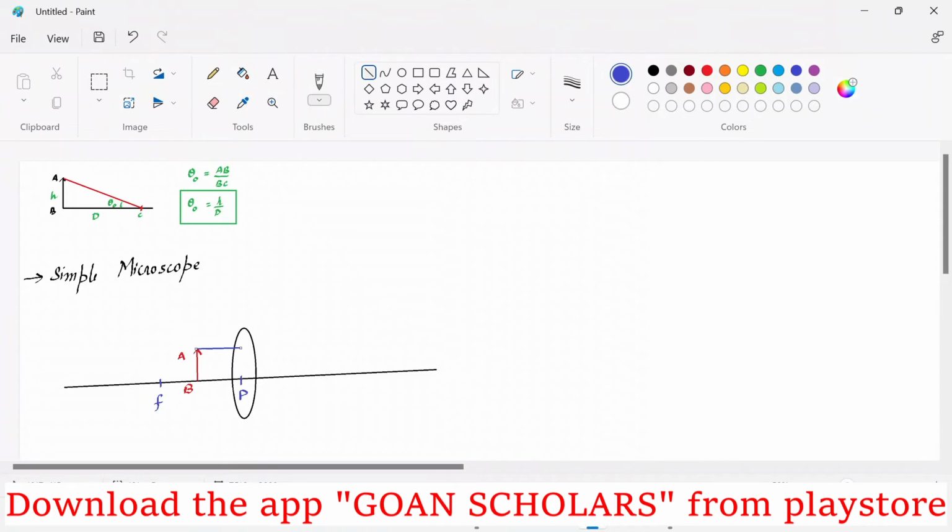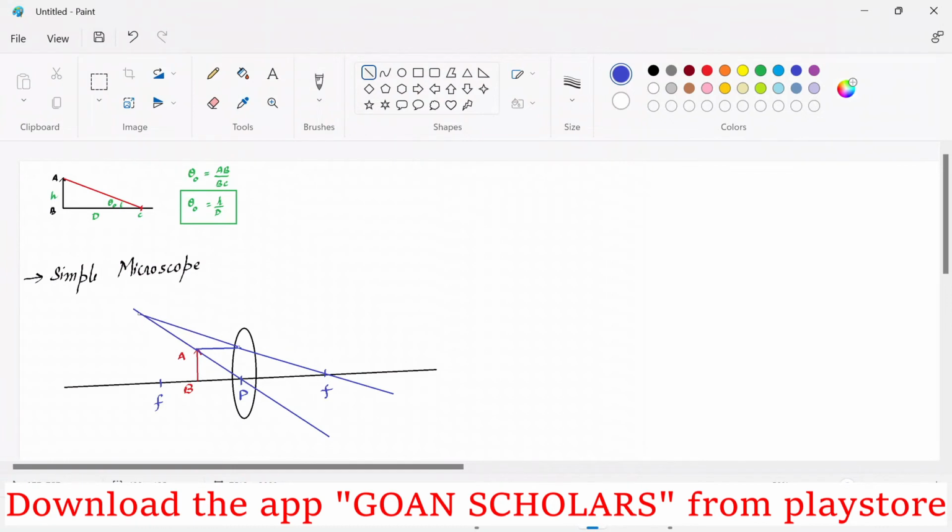So here I draw a ray which is passing from this object, it will go to the lens and it will pass through the focus here. We know this. Second ray, let's draw it, which is passing through this object and the pole. Let me draw it like this, a little like this, passing through the object and the pole.